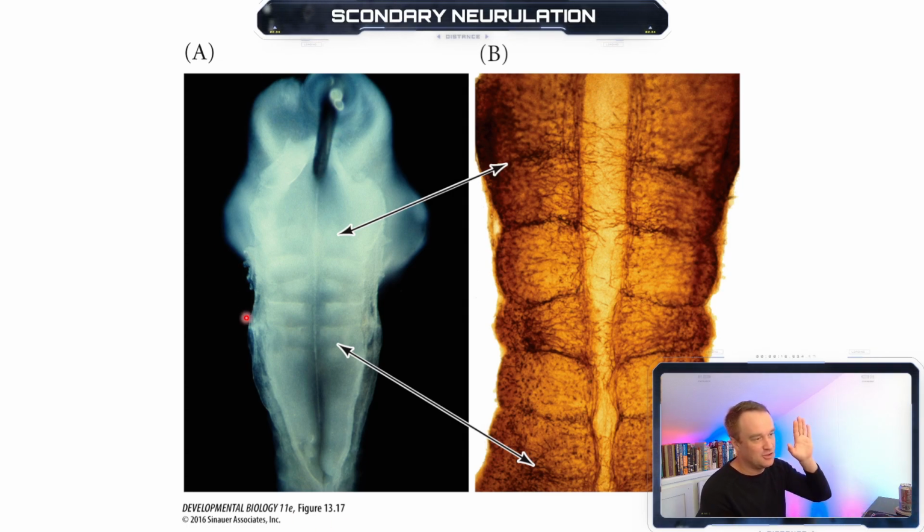This is like if you take the first layer off of the developing brain. So in part B here, they've stained this with an antibody to show these neurofilaments. So you can see that we're starting to get these neurons that are developing in these rhombomeres.